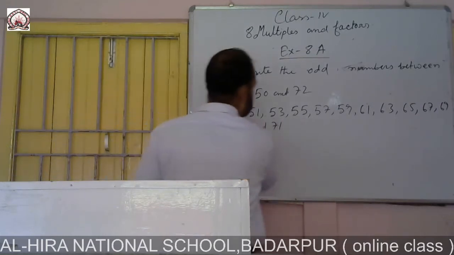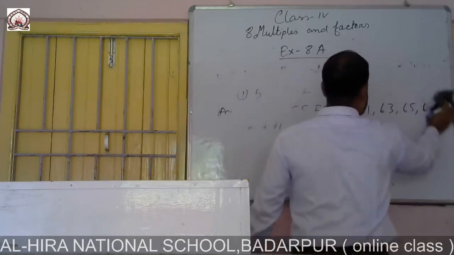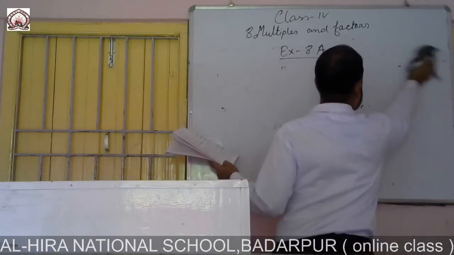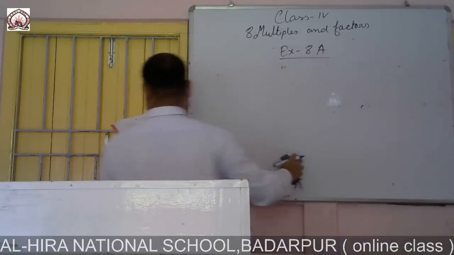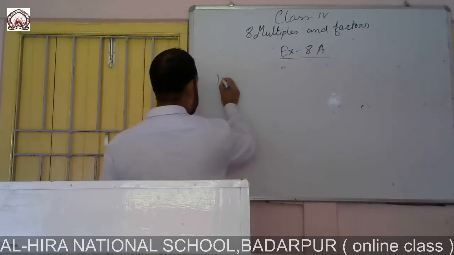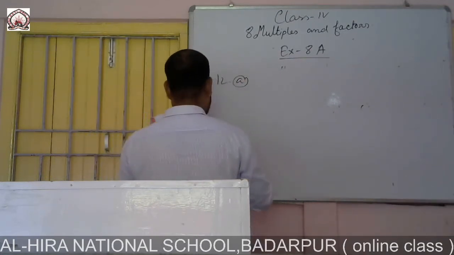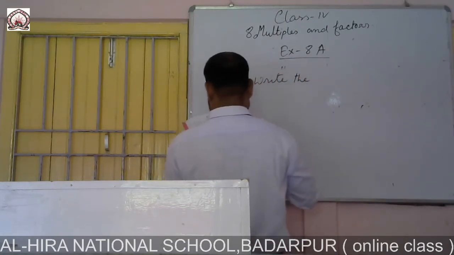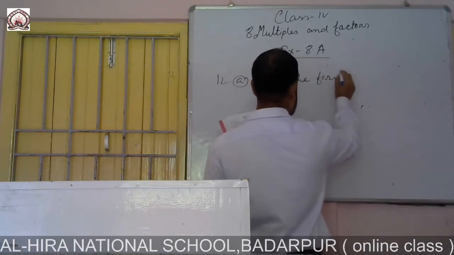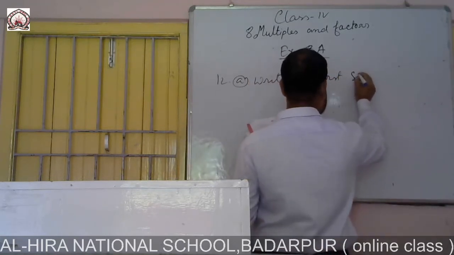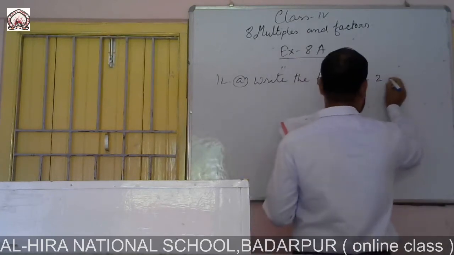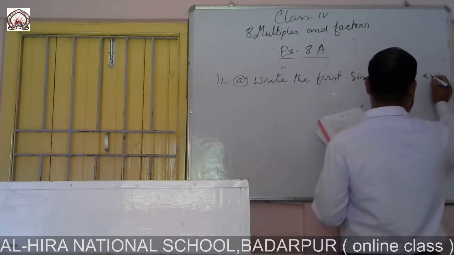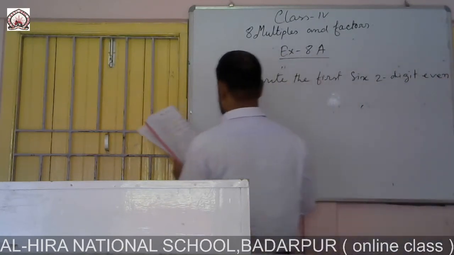Okay, next question number 12A. Write the first 6 two-digit even numbers.